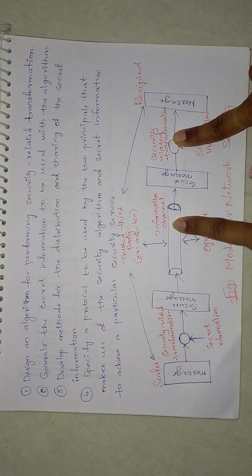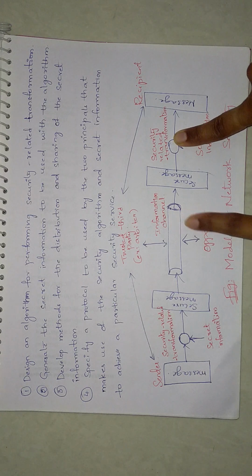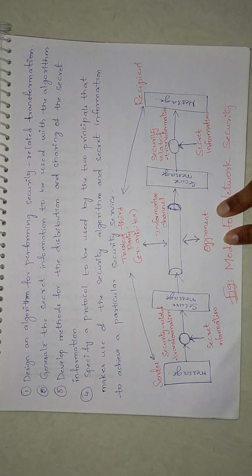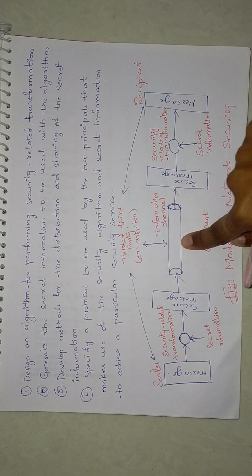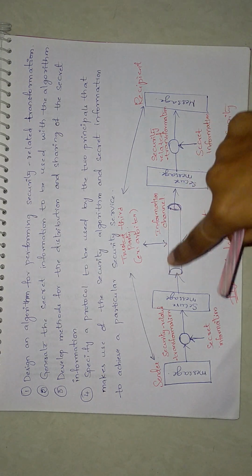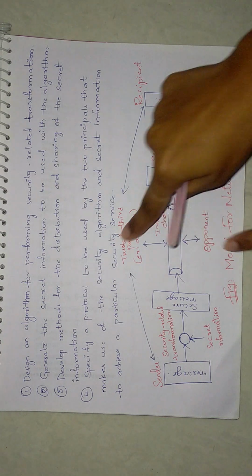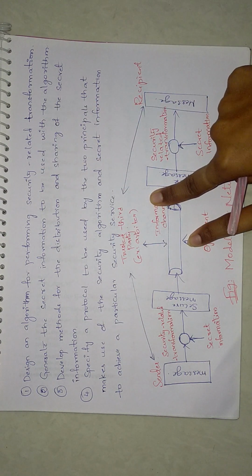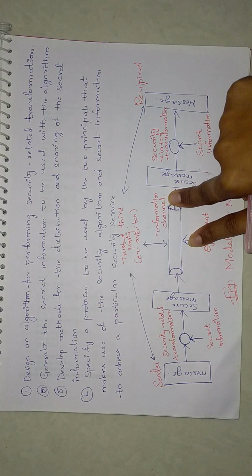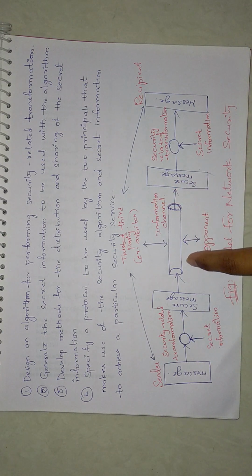Okay, secure logical transmission channel. And I said opponent, and here the opponent will try to attack the data, or try to get access to the data. And I also discussed trusted third party and all the principles they have to follow to make sure that there will be a secure transmission of data.